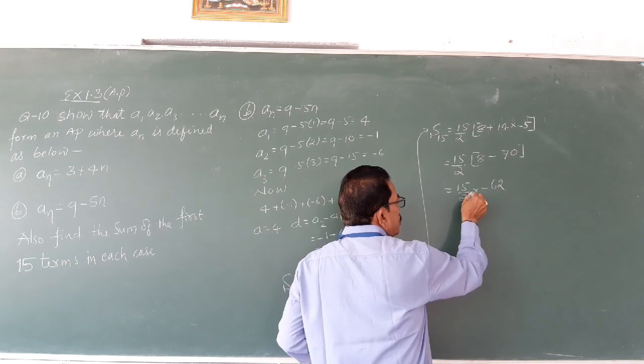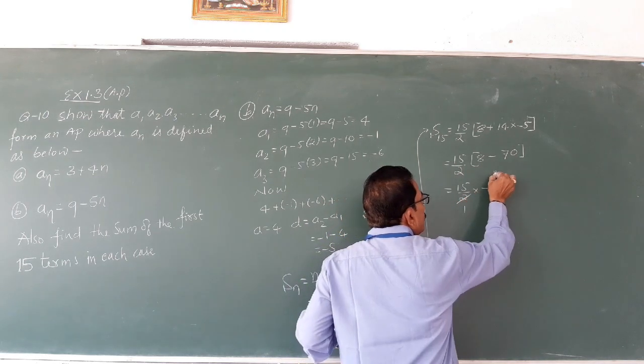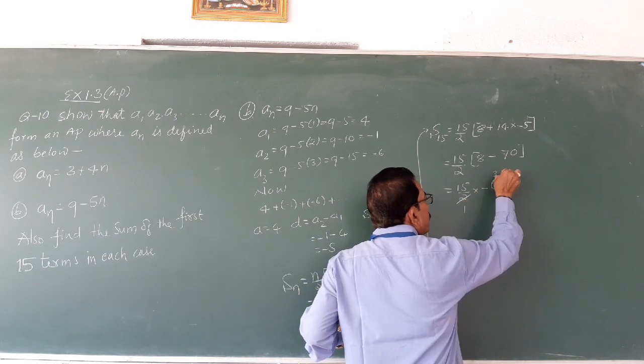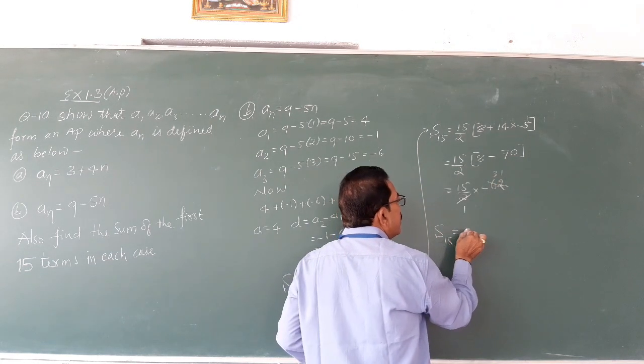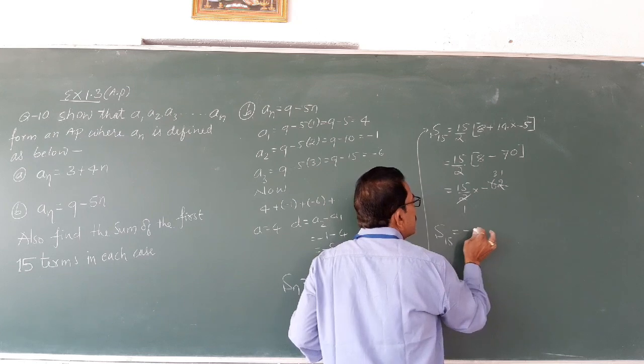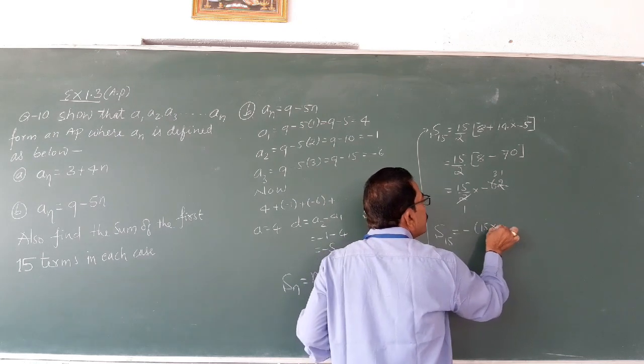So minus 62, 2 31s are 62. So S15 equals 15 into minus 31.